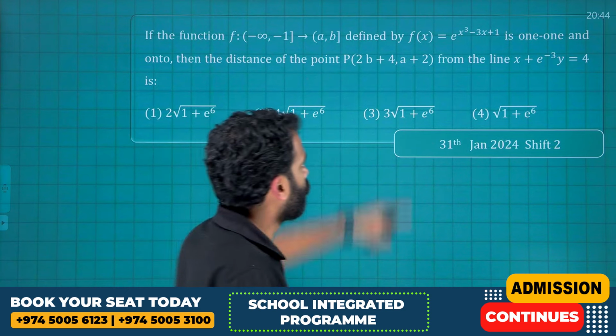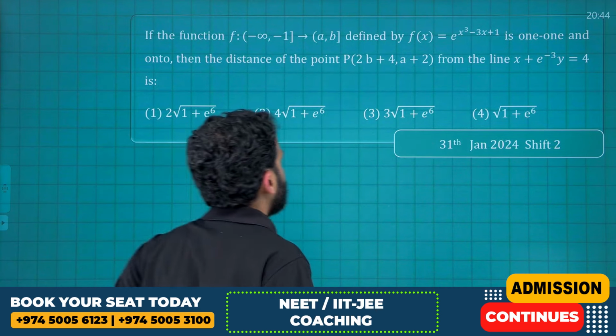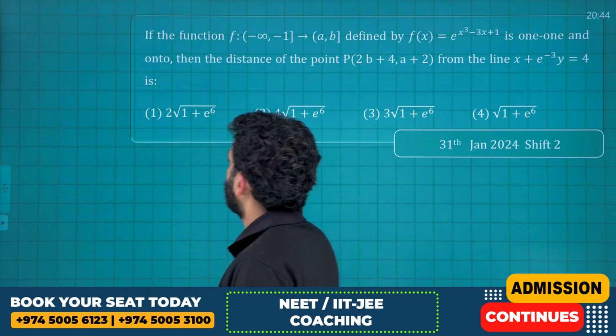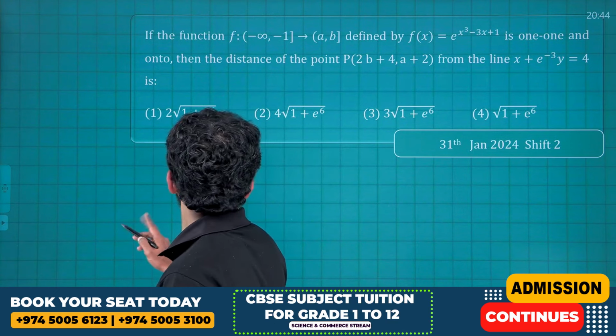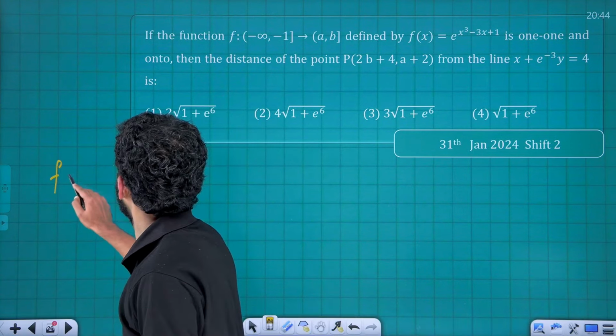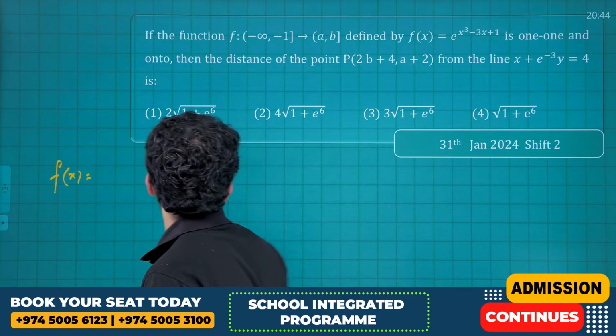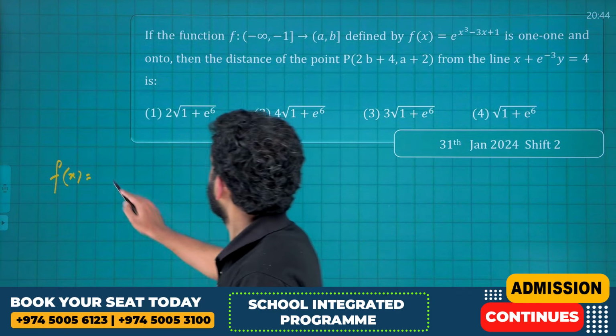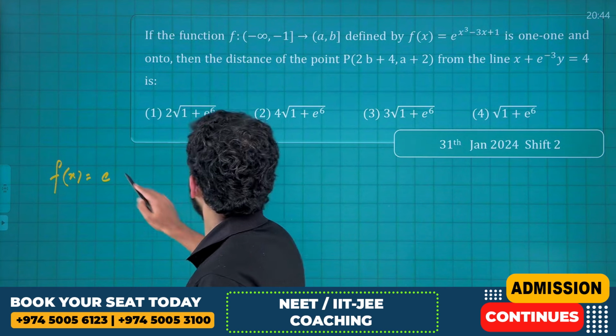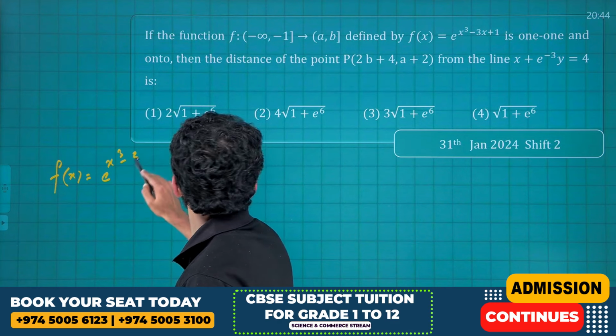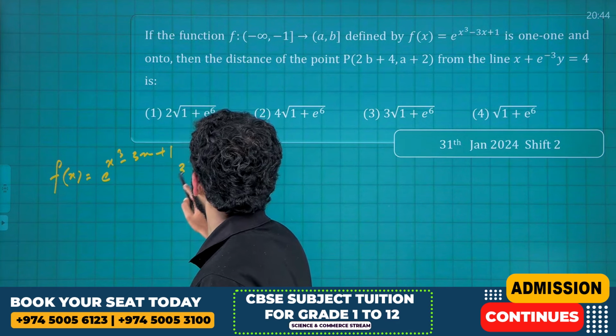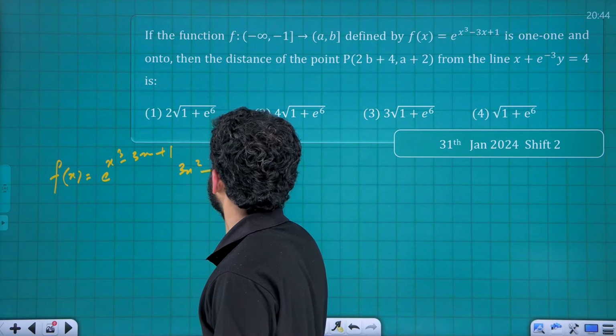Okay, so differentiate this. You will get f'(x) is equal to e raised to x cube minus 3x plus 1 into 3x square minus 3.